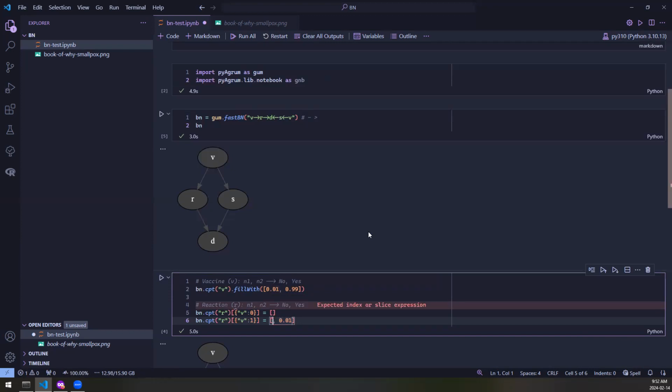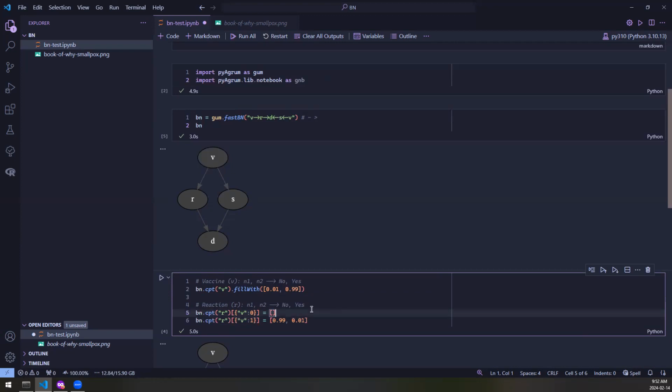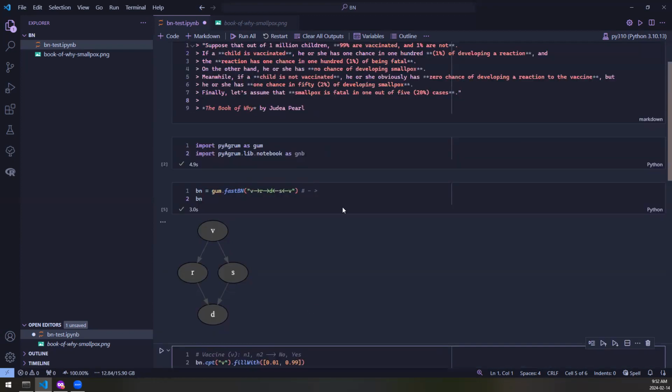That means 99% of not developing any reaction if that child was vaccinated. So vaccine equals true. We are taking the data from the text. That's it.